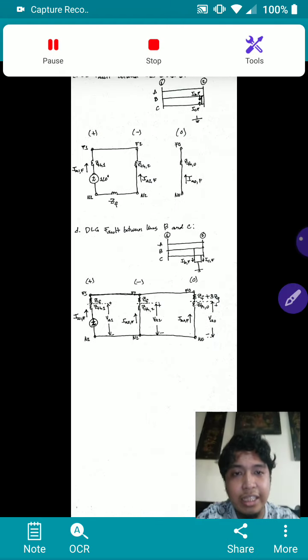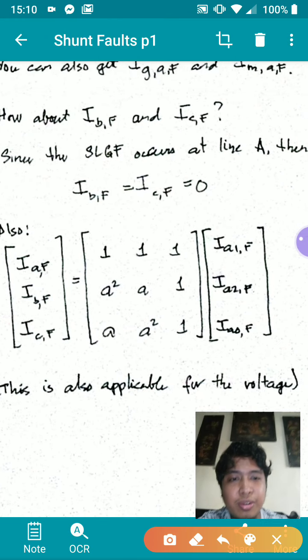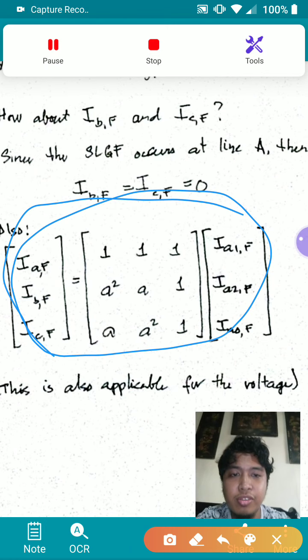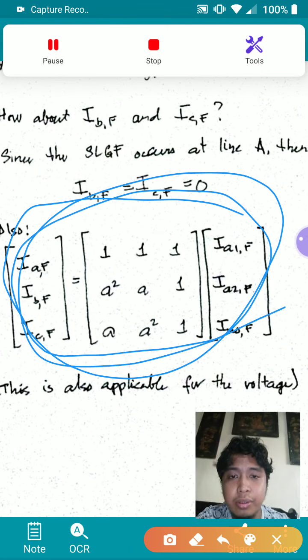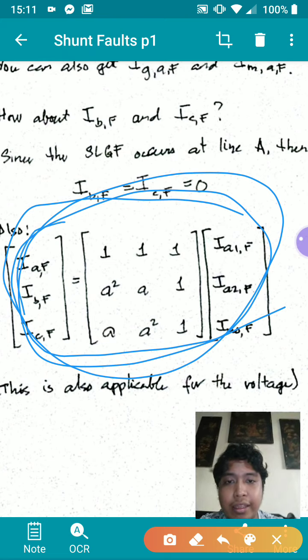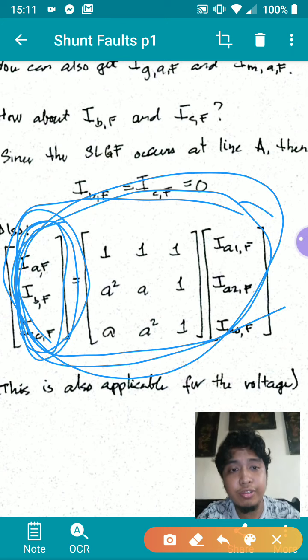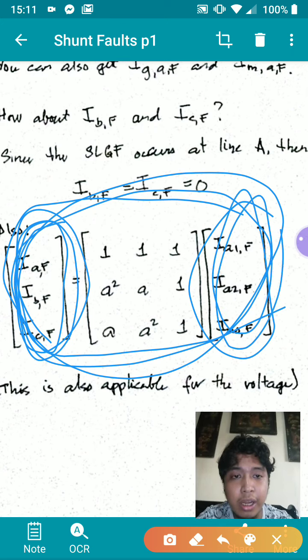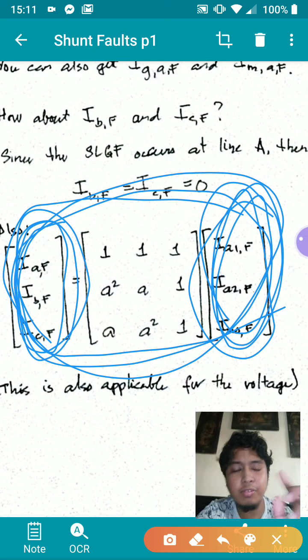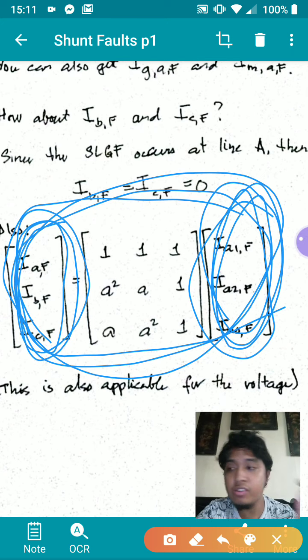So basically the idea is you want to use this every time. I'll get the three fault currents by just solving for the currents IA1, IA2, and IA0, because that is possible, because you know that the positive sequence, negative sequence, and zero sequence are balanced systems.